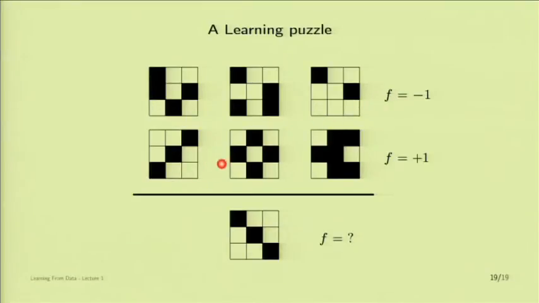For this input, and this input, the value of the target function is +1. Now, this is your data set. This is your training set. Now you should learn the function. And when you are done, could you please tell me what your function will return on this test point? Is it +1 or -1? I will give everybody 30 seconds before I ask for answers.